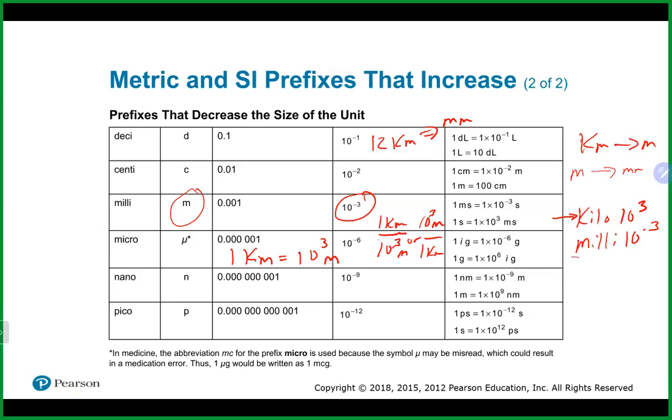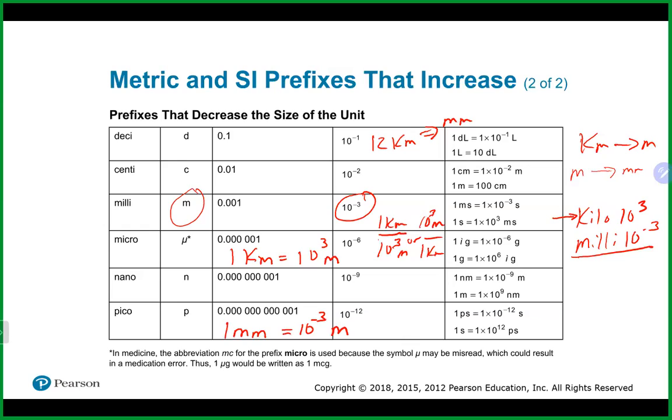We also can use this guy as so. That means in 1 millimeter, there are 10 to the minus 3 meters, right? So that is what that conversion basically represents.